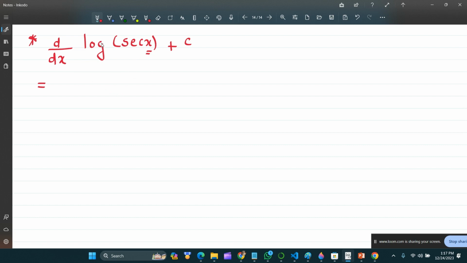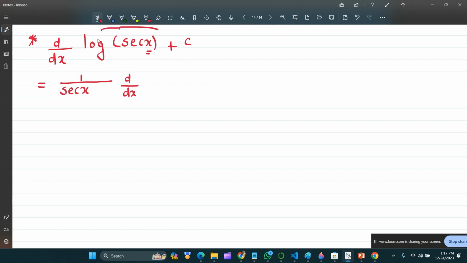As we know, the derivative of log x is 1 upon x. Then the derivative of log of sec x is 1 upon sec x into, if you remember, the chain rule.